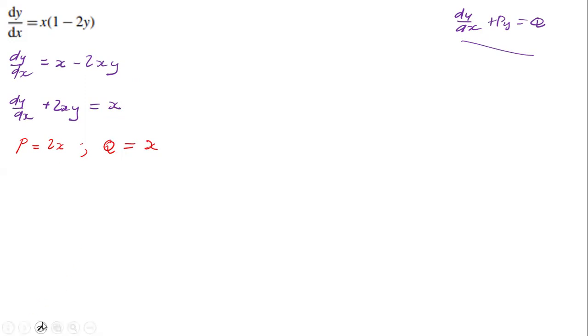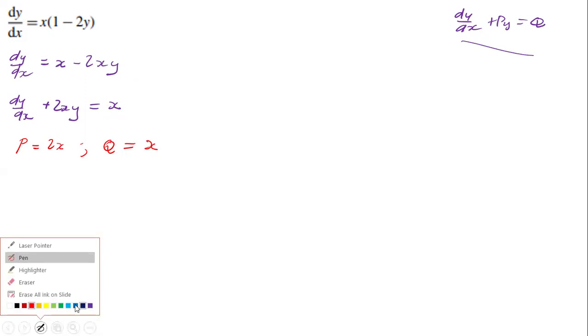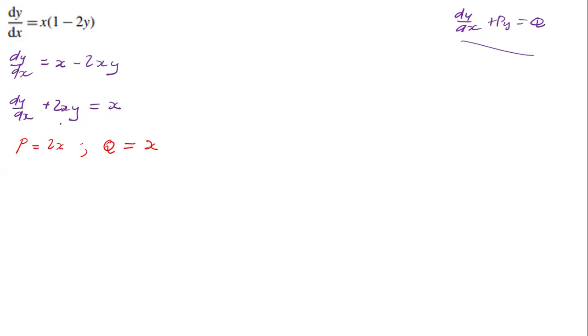Now, applying all of the basics that I have already spoken about, I said to you that we have what you call the integration factor, right? The integration factor depends on the value of p, which is the coefficient of the dependent variable. We denote our integration factor as r. So in this case, our r is going to be e to the exponent of the integral of p dx, right?